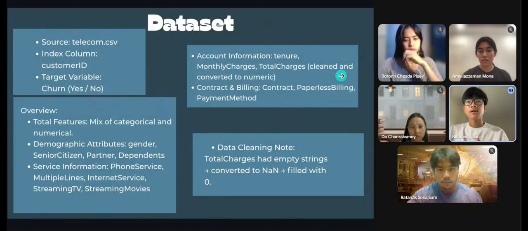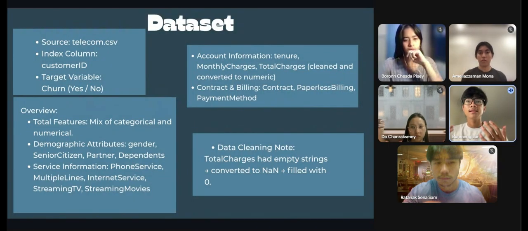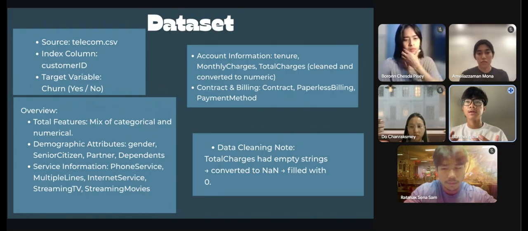So next up, I'm going to talk about the data set. The data set that we use is called telecom.csv, and it represents a collection of customer records from a telecom company. Each row corresponds to a unique customer, and the index column is the customer ID.